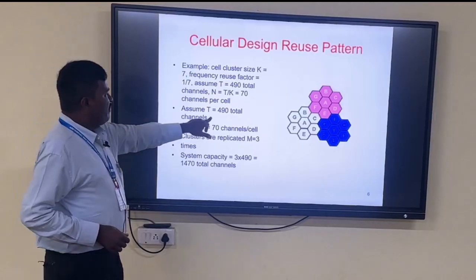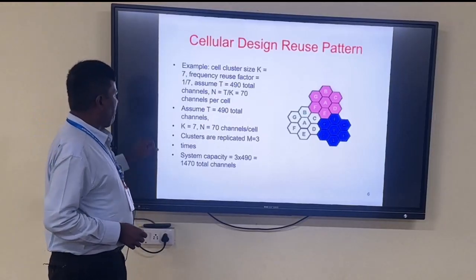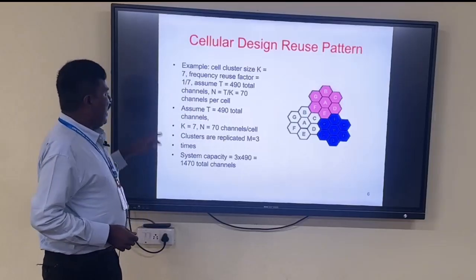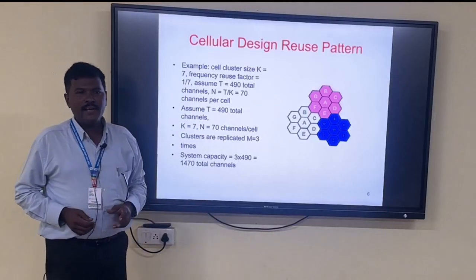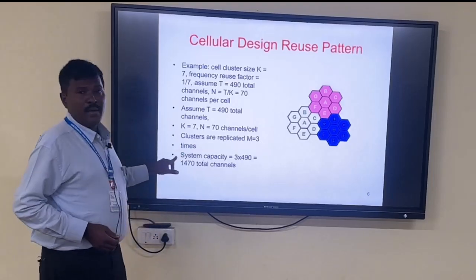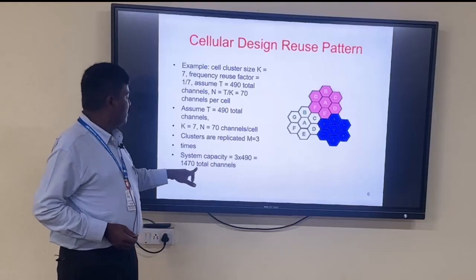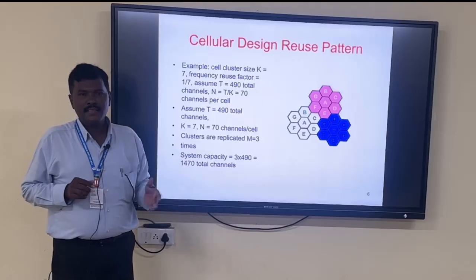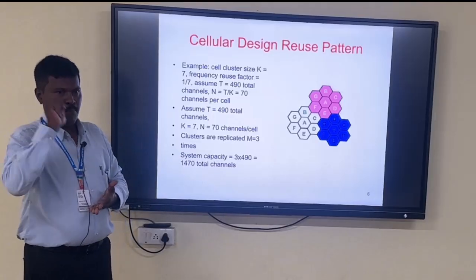Here we define T is equal to 490, K is equal to 7, and n is equal to 70. Okay. And if the cluster is replicated 3 times, this is capital M, then the system capacity can also be calculated, which gives 1470 total channels available in the system.